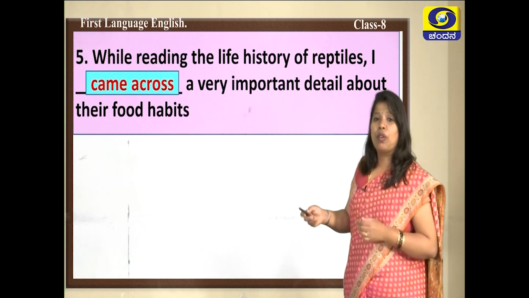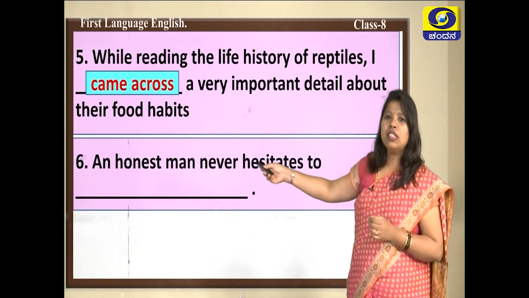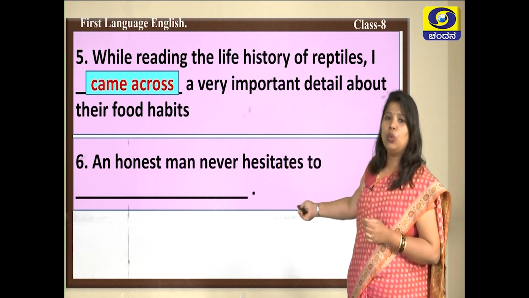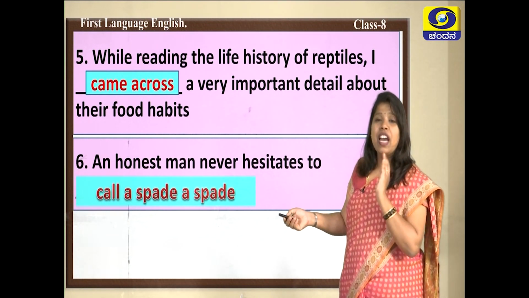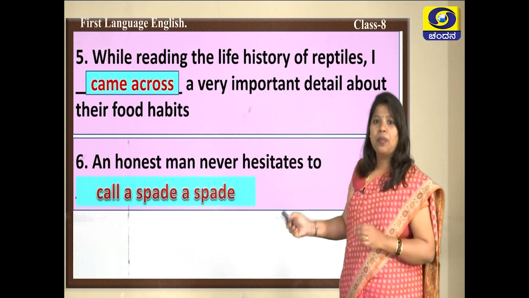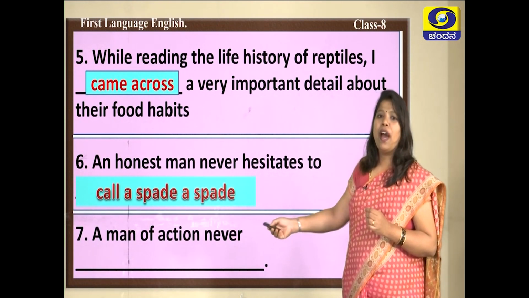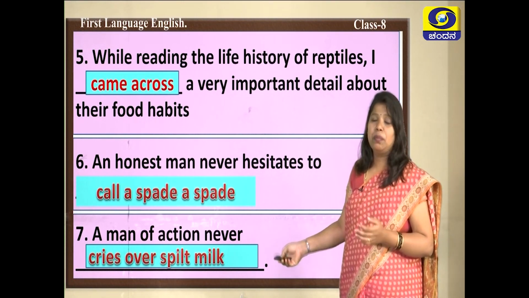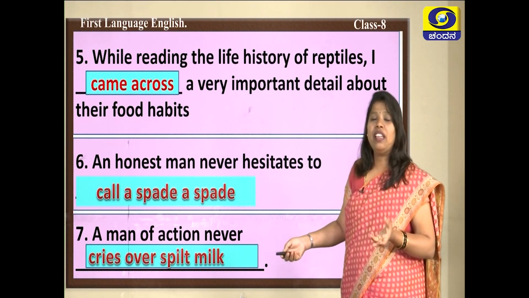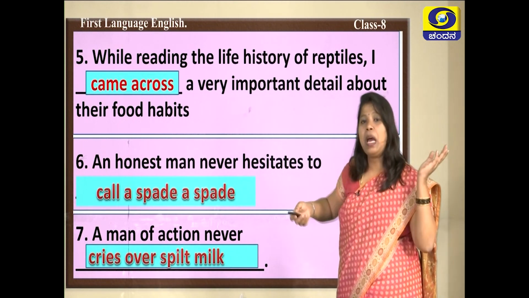So, I came across. An honest man never hesitates to call a spade a spade, means he will give you a correct, accurate answer. Seventh one, a man of action never cries over spilt milk, means that he is not going to cry over the things that have happened in the past.